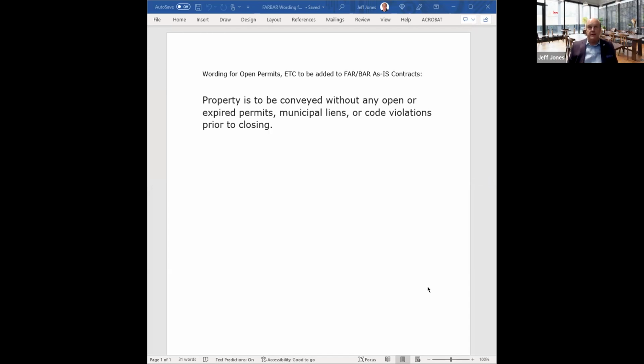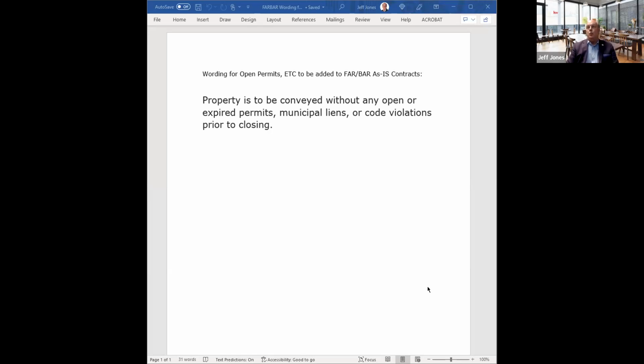And what it does is it protects your buyer from inheriting open or expired permits, municipal liens, or code violations, because the as-is contract will not protect your buyer from these conditions.